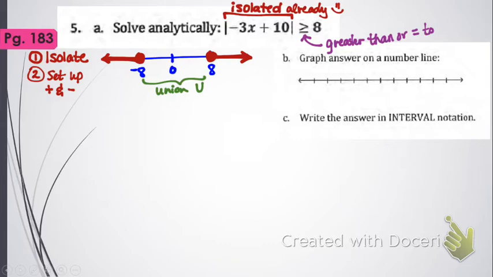So let's write down what those would be. Anywhere it's shaded is where my absolute value could live. So this spot right here, I'm actually going to do this in purple. Negative 3x plus 10 could live right there, and that's over there by this negative 8.